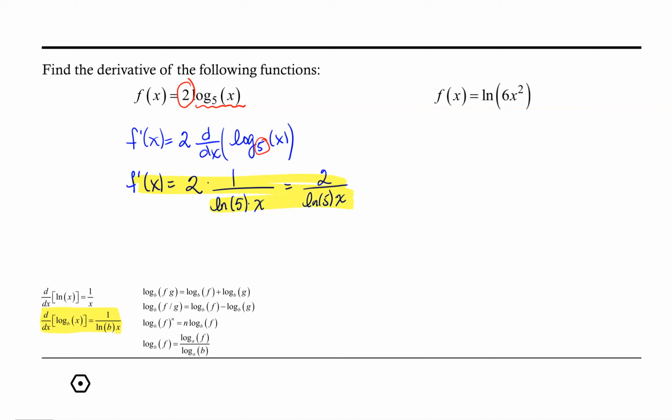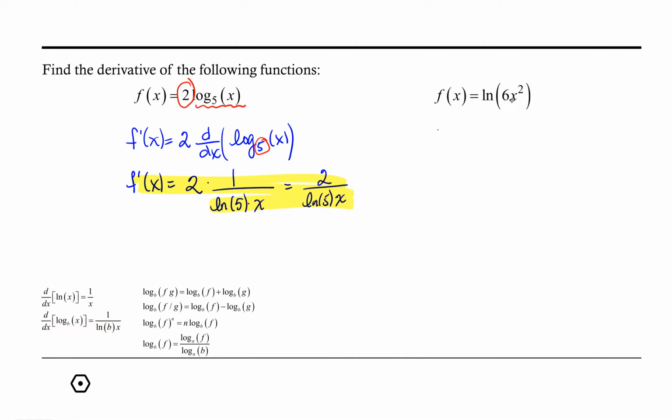Let's look at our second example. We have f of x is the natural log of 6x squared. So we're working with the natural log function. Notice though that our argument is not simply x, but it is 6x squared. So we will be using the rule for the natural log of x, but since this is not simply an x in the argument, we will also need to use the chain rule.